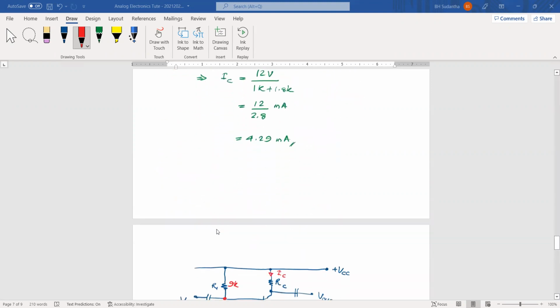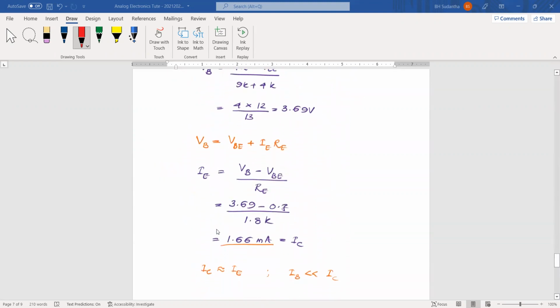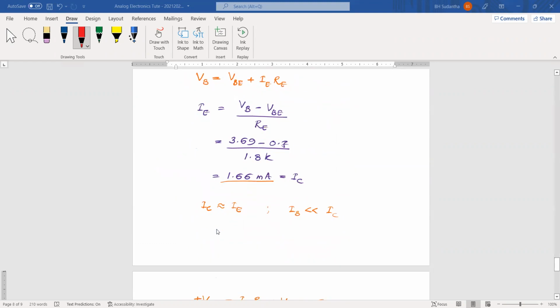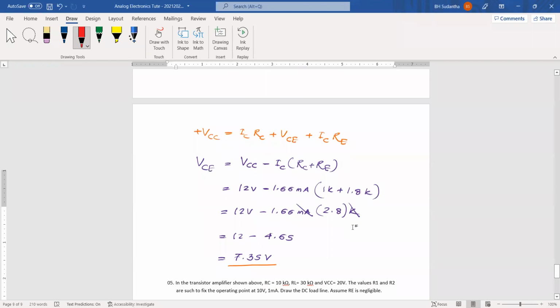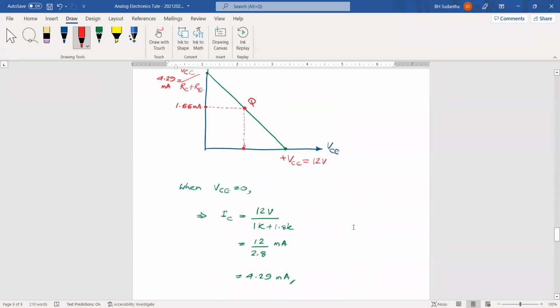The current is 1.66 milliampere, and this voltage is 7.35 volts.